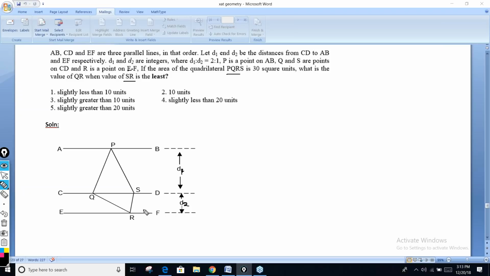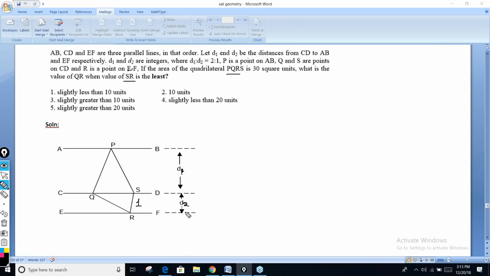SR is the least. Now D1 and D2 are given as integers, and one more line I think was given which is missing in this question. Okay, SR is the least. So if SR is the least and this is an integer, this can be only 1.